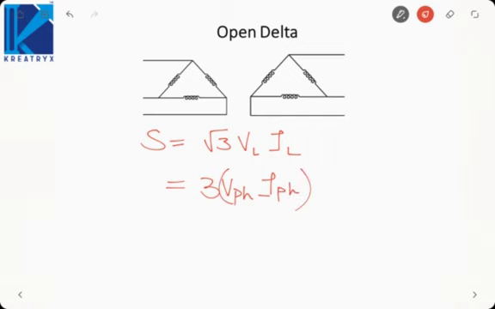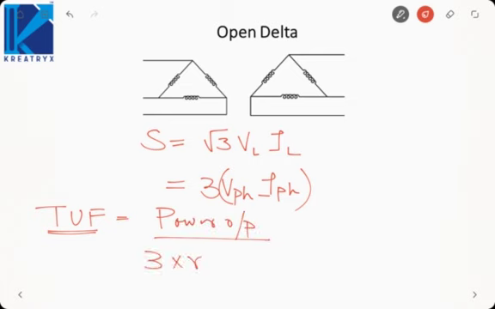Okay. Now we define something called as transformer utilization factor, TUF. It is nothing but power output by N into rating of one phase, where N is the number of transformers, or number of single phase transformers.